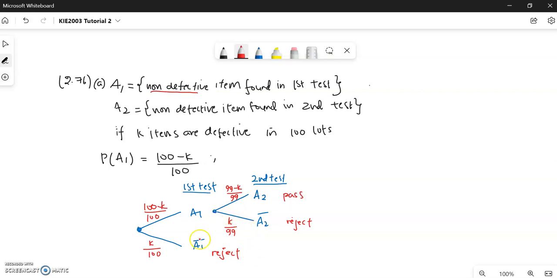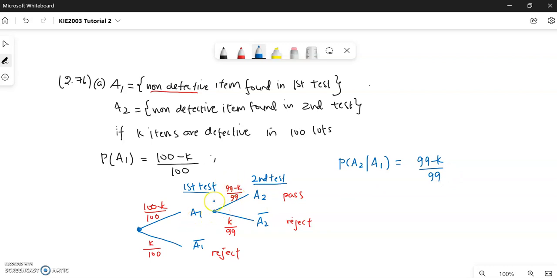So here is the probability that you get a non-defective item on the second test, given that A1 is also a non-defective item, because you reach here only after you obtain a non-defective item on the first test. So it's conditioned on A1, right? This value is (99 minus K) over 99. How did I get this value?